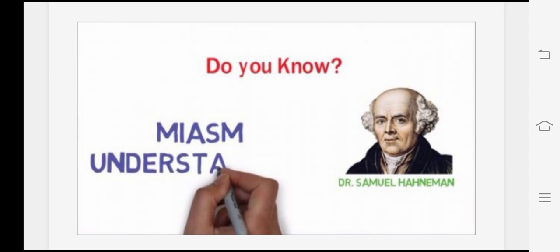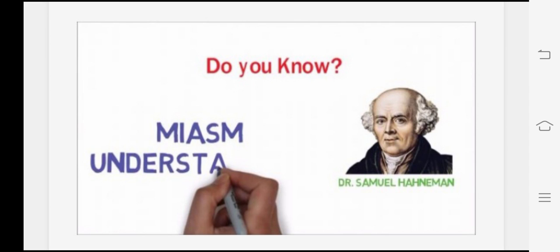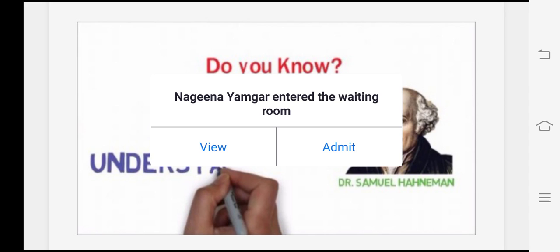And then there are also special types of chronic miasm, that is the tubercular miasm and cancer miasm. But the main three types are psora, psychosis and syphilis.